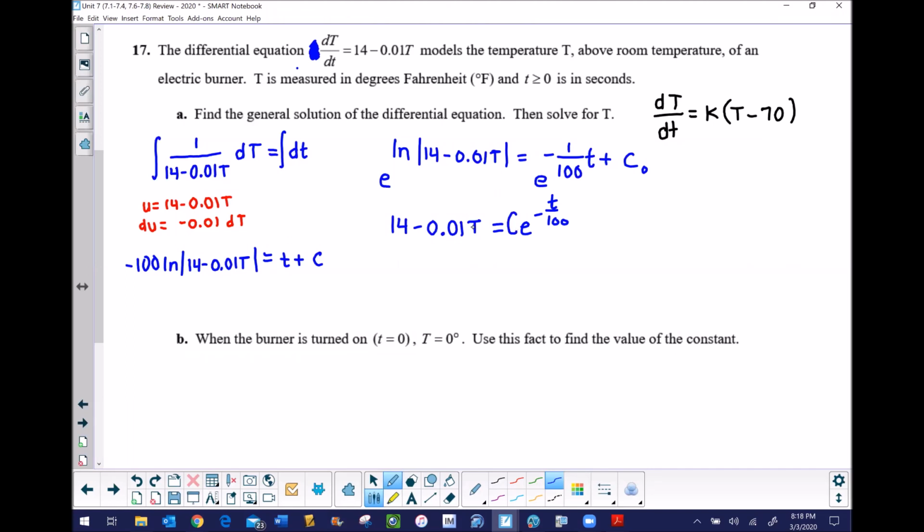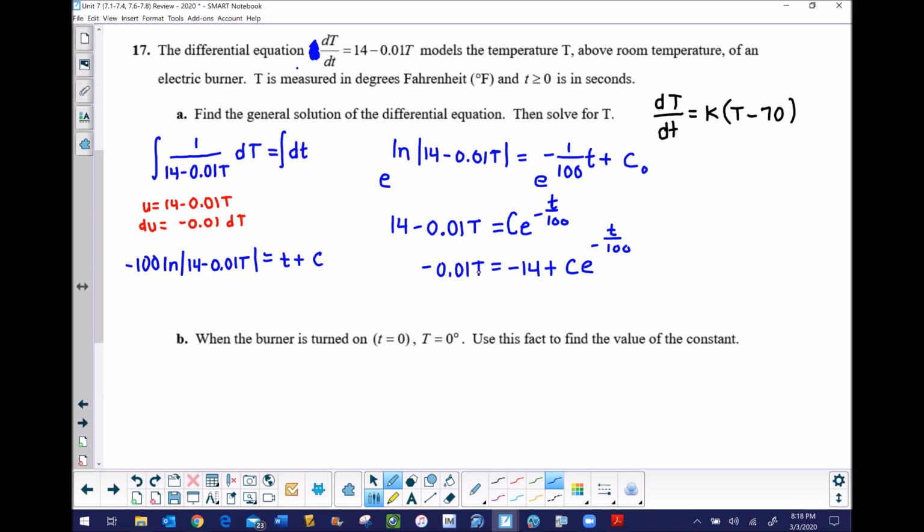And now to get the t by itself, we would subtract 14. So there's the negative 14 plus this sort of version of ce to the negative t over 100 with a negative 0.01 t on this side.